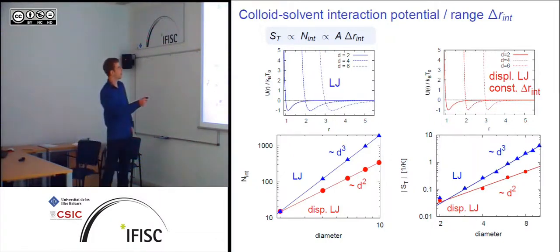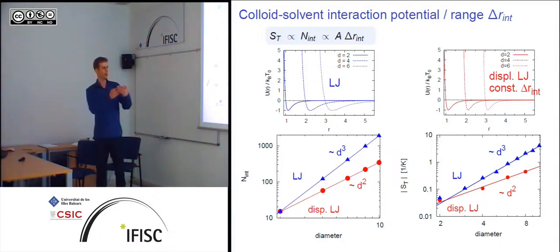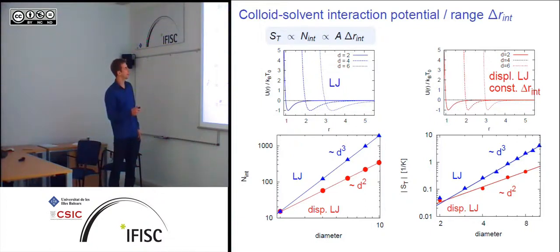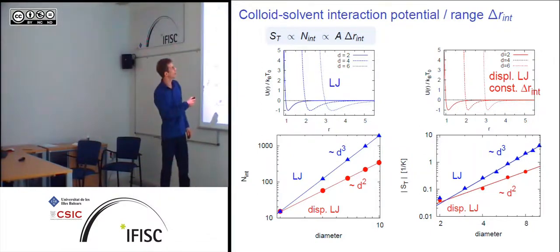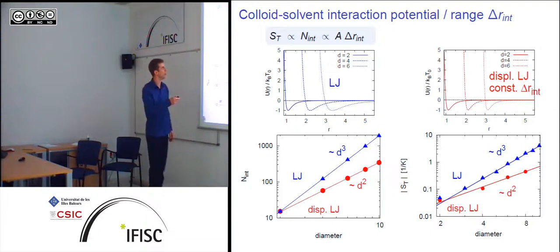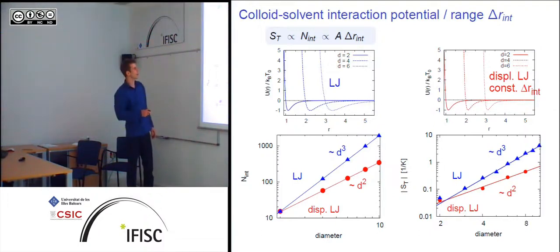So basically it's proportional to the surface area times the distance of the range of the potential. And if you apply a normal Lennard-Jones potential and you increase the diameter of the particle, you will also observe that you increase the range of the potential. So basically, this gives you effectively a cubic scaling of the number of interacting particles.